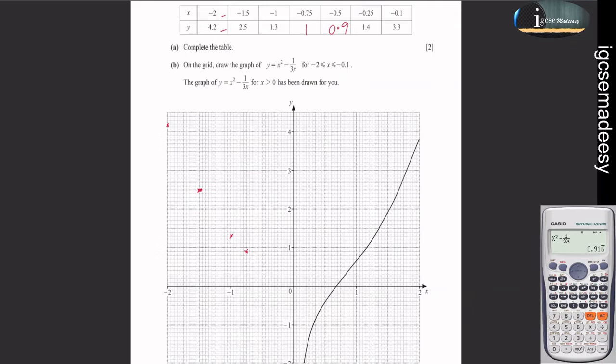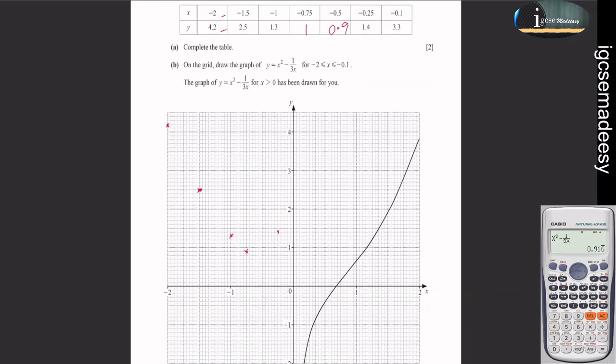And then we have minus 0.25 and 1.4. 0.25 is here, and 1.5 is here, so 1.4 should be somewhere here.